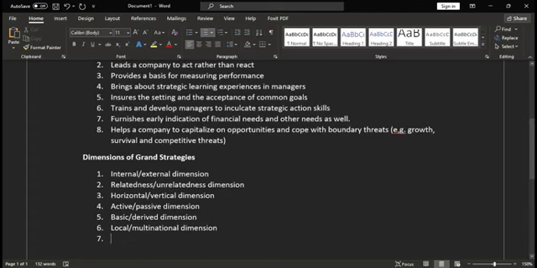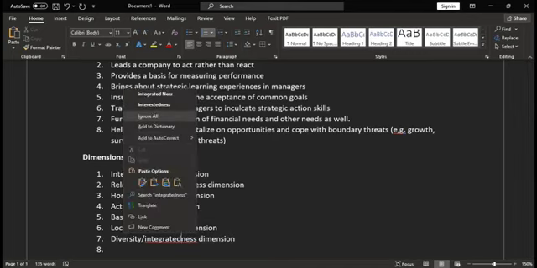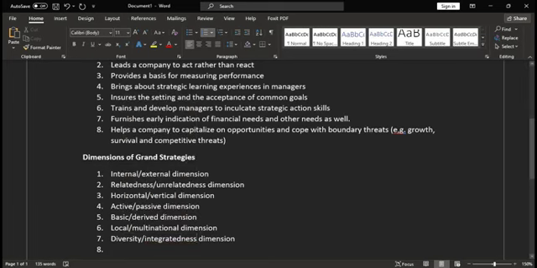You have the diversity or integratedness dimension. Intensiveness or extensiveness.